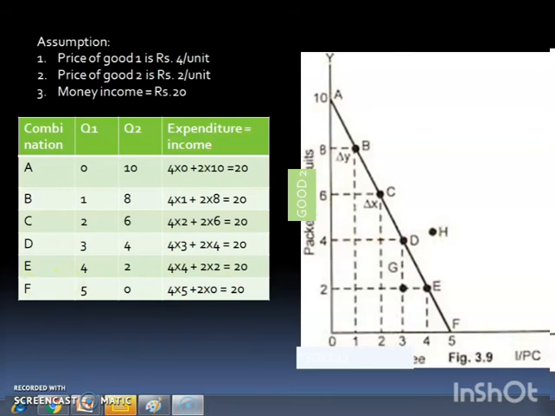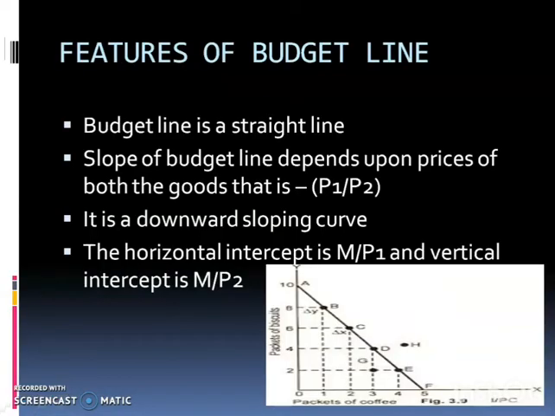Okay students, next, features of the budget line. What are the features of the budget line? First, the budget line is a straight line because it assumes that the entire income is spent. Then the slope of the budget line depends upon the prices of both the goods. That is, the slope of the budget line is equal to negative P1 by P2, where P1 means price of commodity 1 and P2 means price of commodity 2.